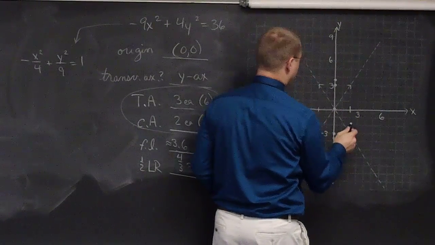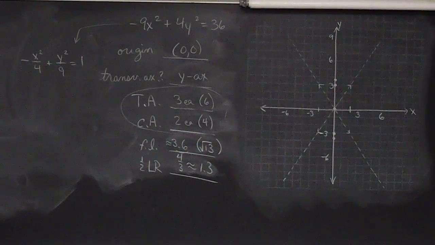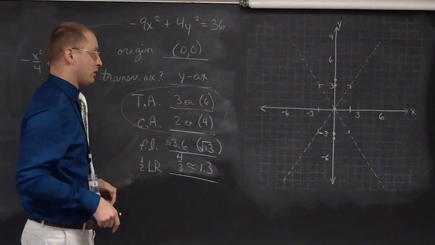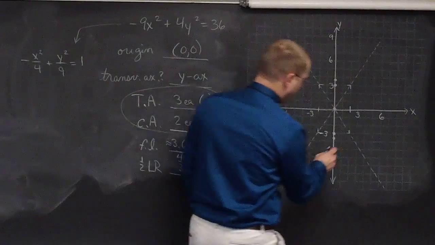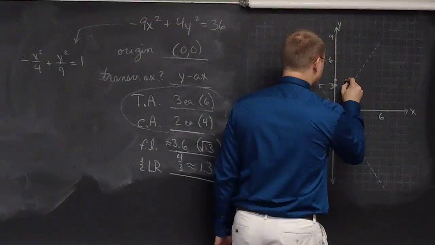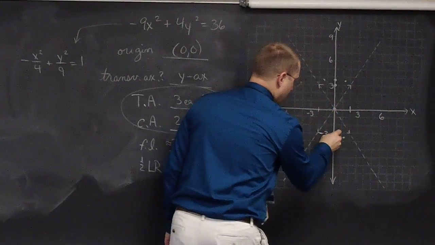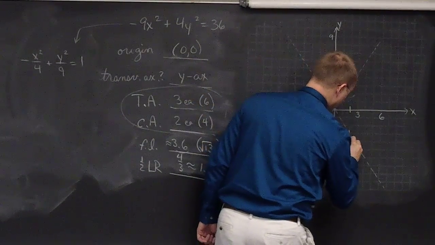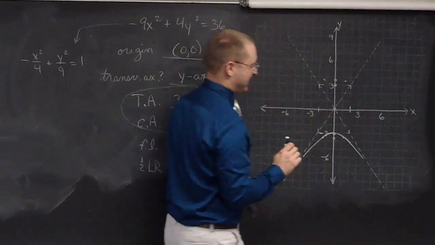Now again, this means that your foci are just barely outside the vertices, but that's okay because it's going to give you more of a curve. And then through those foci, outward, perpendicular to where the transverse axis runs, the y-axis, we're going to go outward 1.3. This is going to have a lot more of a curve to it, doesn't it?